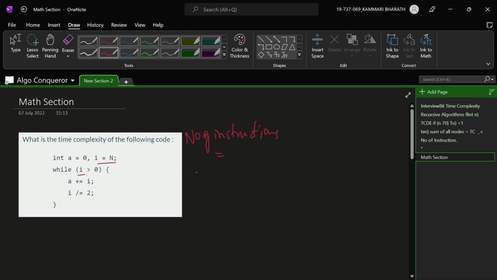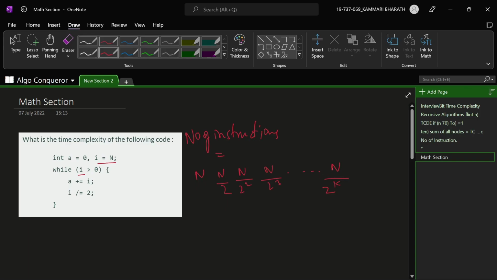Let's see. Starting initially I is n, and then I becomes n by 2, and then it becomes n by 2 square, and then n by 2 cube, and so on until it becomes n by 2 power k.